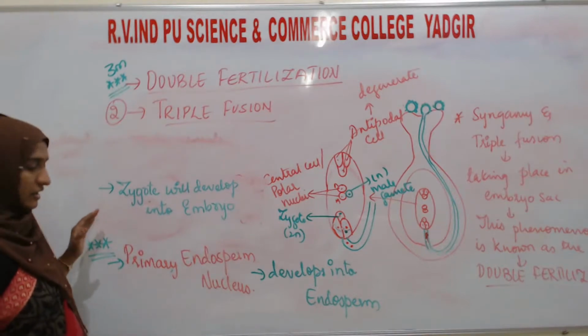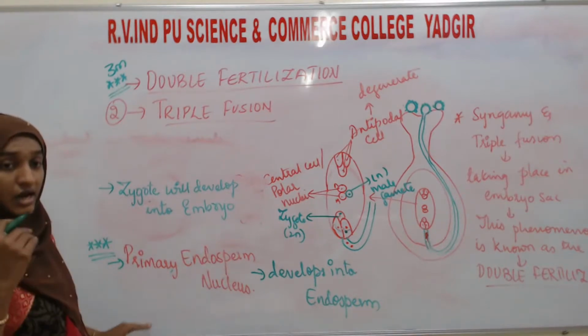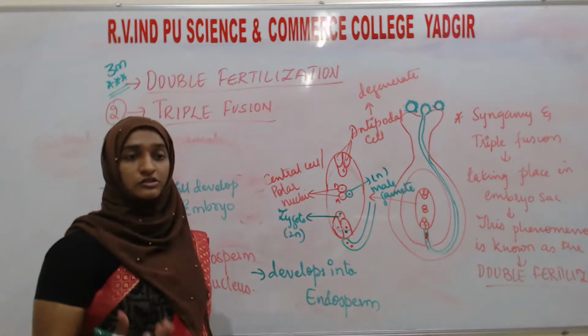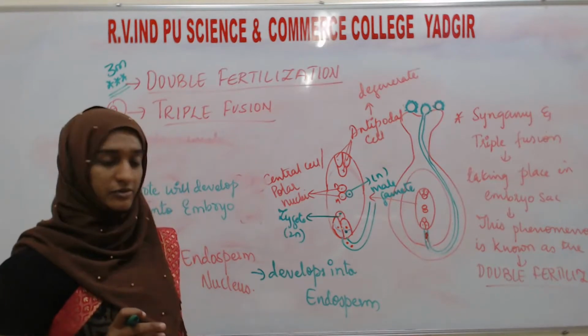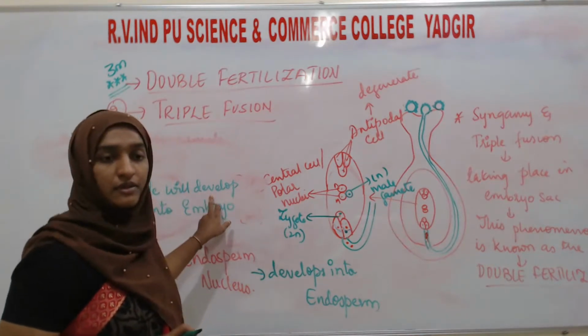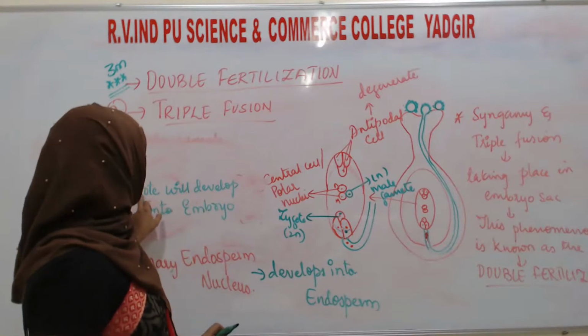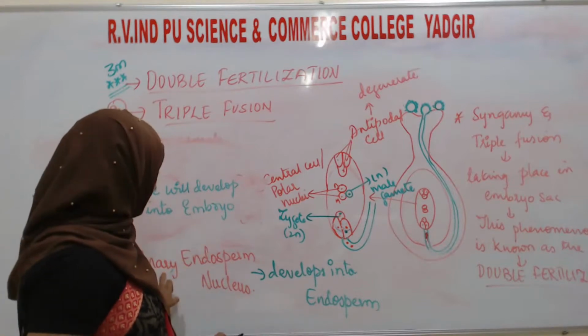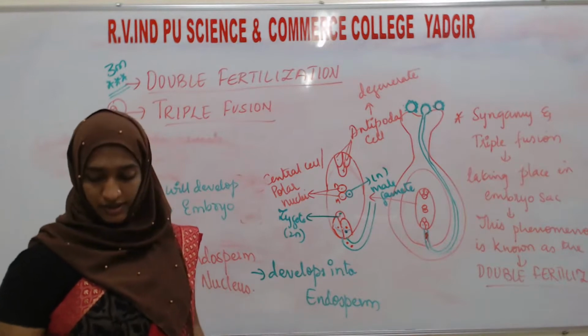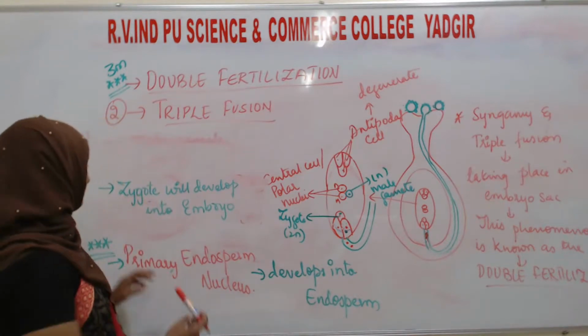So these are the two things after double fertilization: the formation of endosperm and the embryo. Zygote will develop into embryo. Primary endosperm nucleus will develop into the endosperm. Keep in mind.